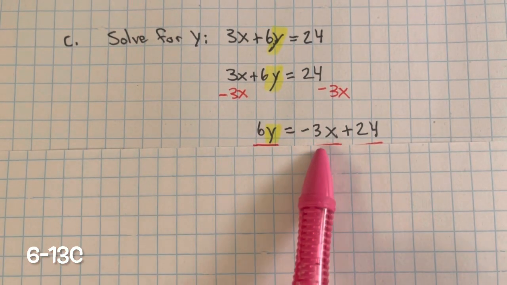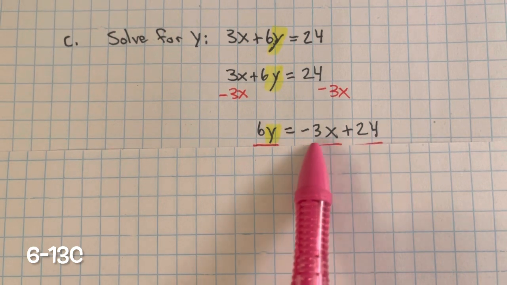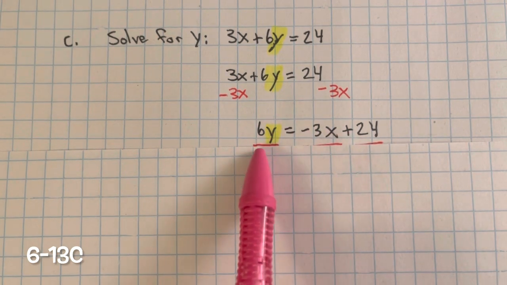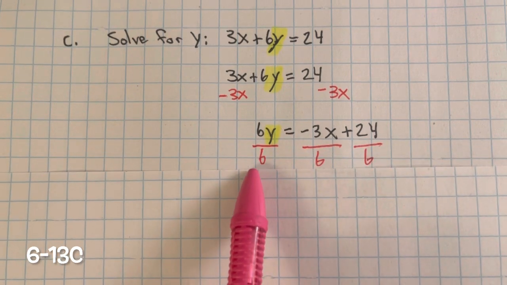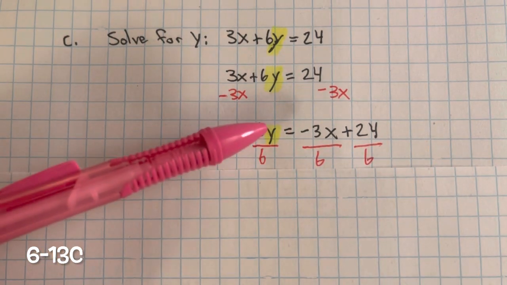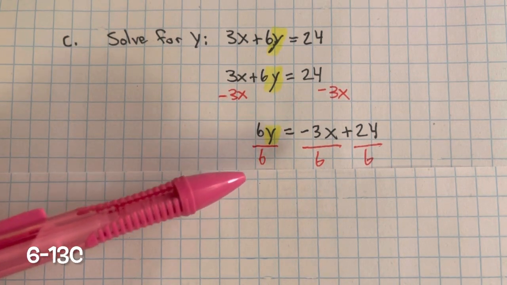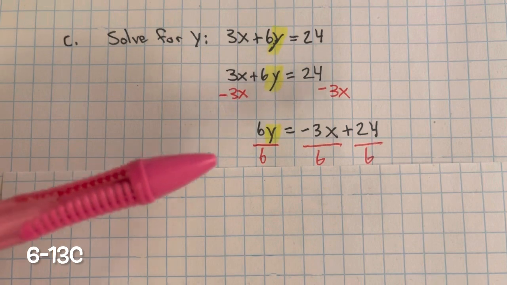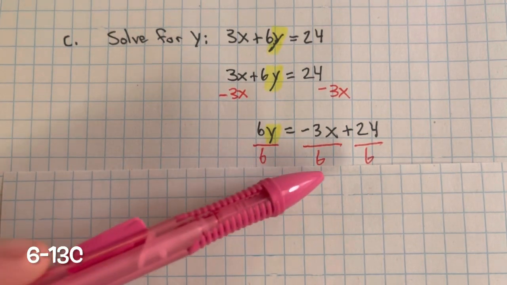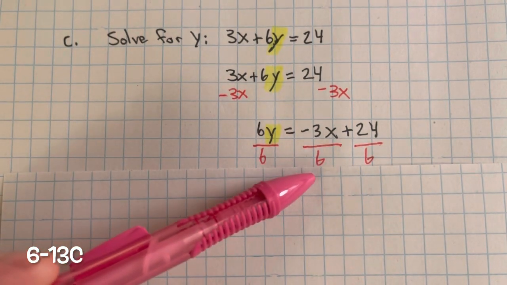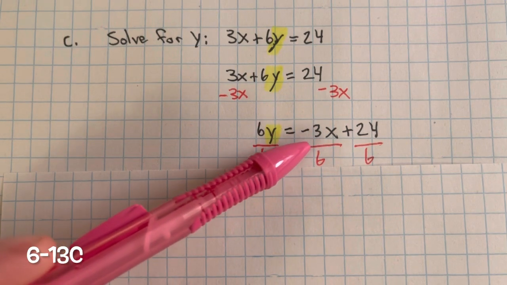So now we have, still don't have y by itself, so this is multiplication, and we're going to do the inverse property, which is division. This created the giant 1, the identity property of multiplication. And then what you do to one side, you do to the other, but you have to do it to each term on the other side.